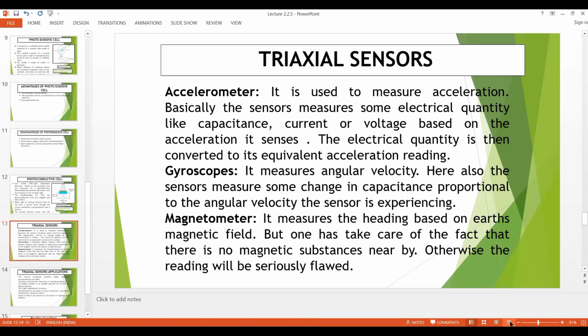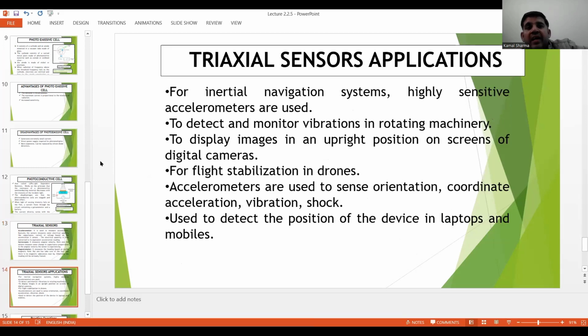The magnetometer is used to measure magnetic field. You might remember that we have permanent magnets that draw a magnetic field around certain material, so we use magnetic material. Triaxial sensors: we normally use highly sensitive accelerometers for Google Maps and to monitor vibrations.